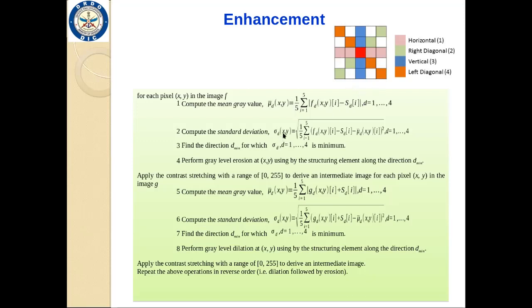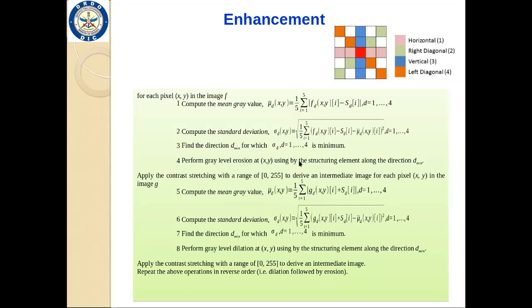Then I compute the standard deviation for all directions, 1 to 4, and find the minimum. The minimum means that direction where the standard deviation is minimum, that is, it is more homogeneous in that direction.